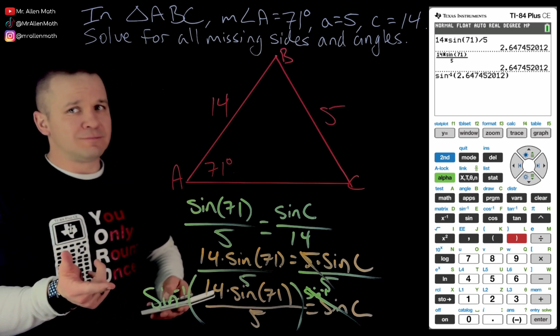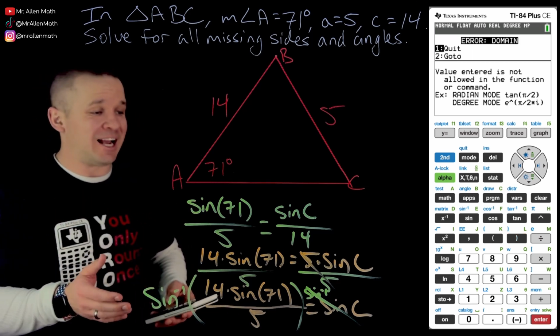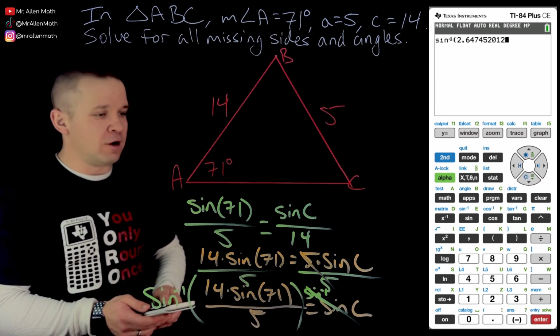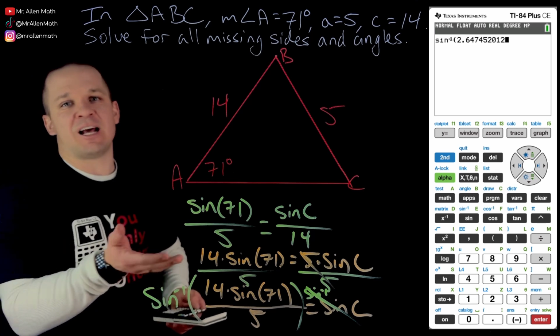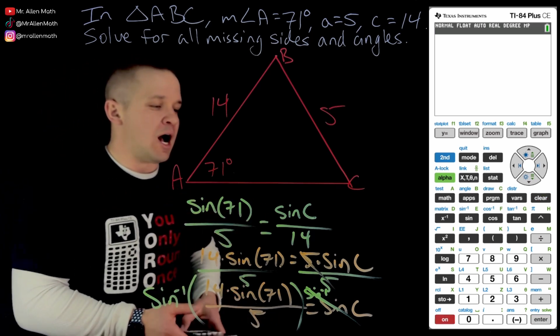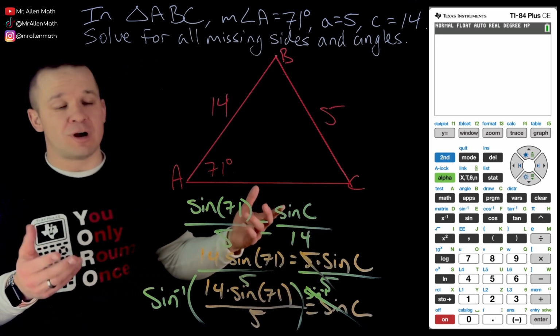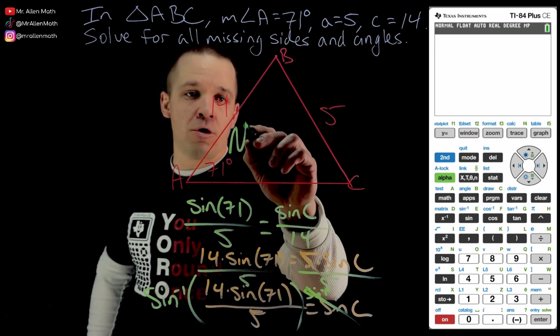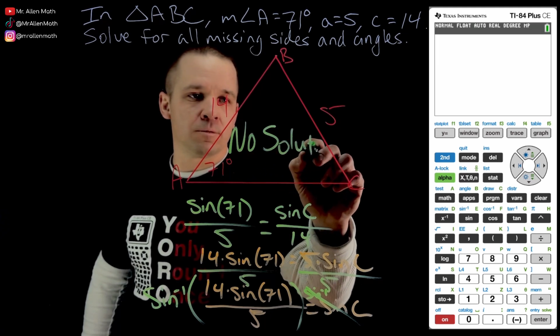This is 2 point something, which is outside the domain of sine inverse, which is why I get an error. I can't take the sine inverse of a number larger than 1. So no triangle. No solution.